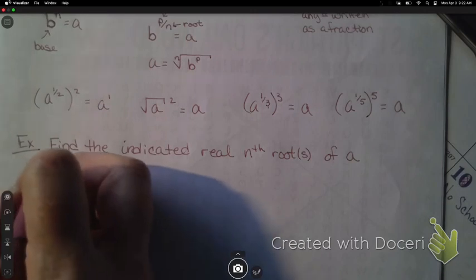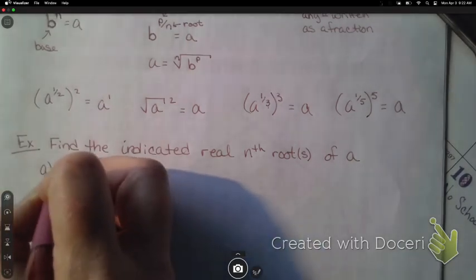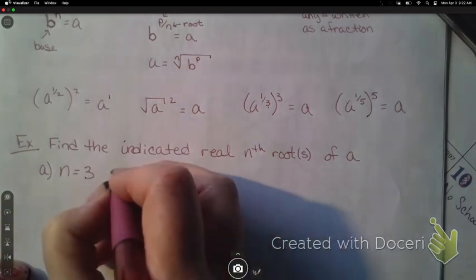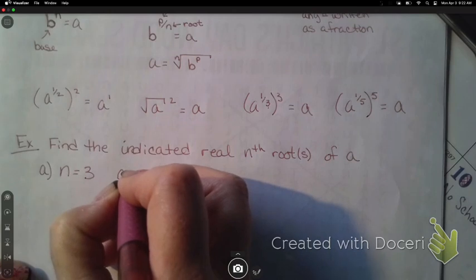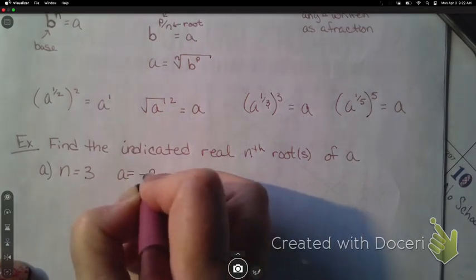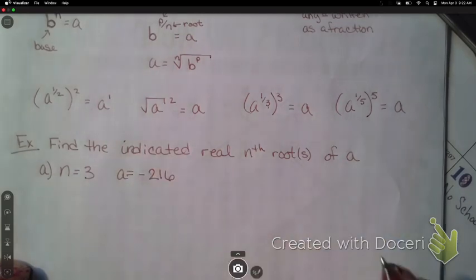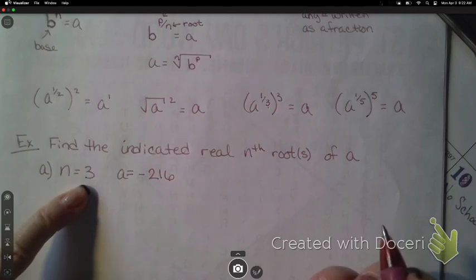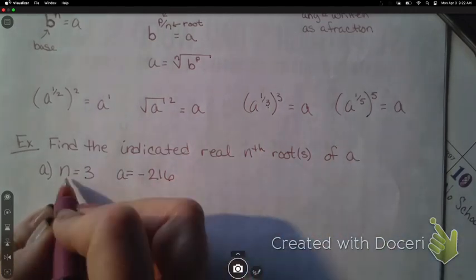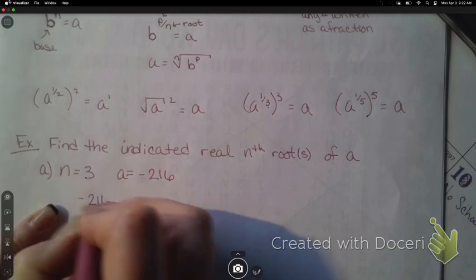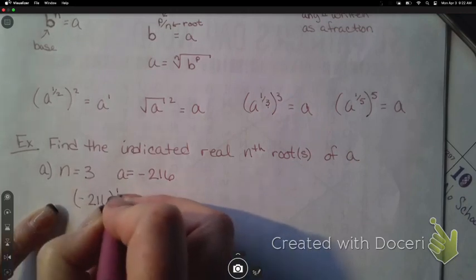So the first one is n equals 3 and A is negative 216. So if it's the nth root, this is negative 216 to the 1/3.